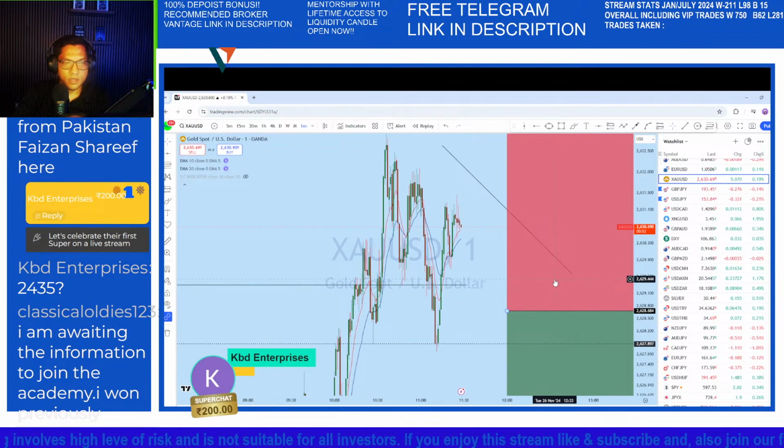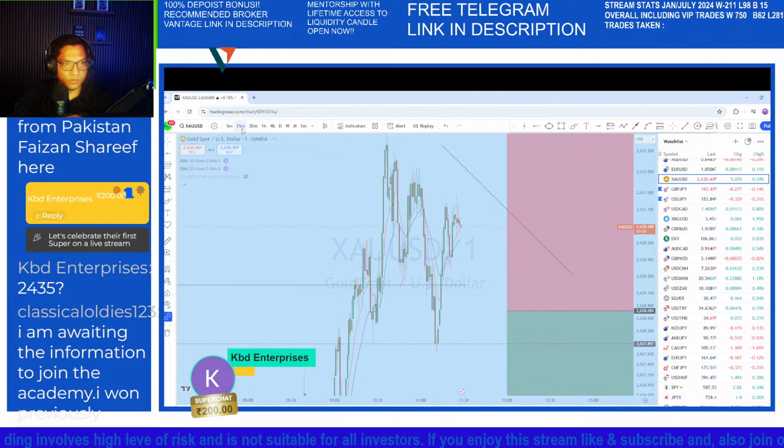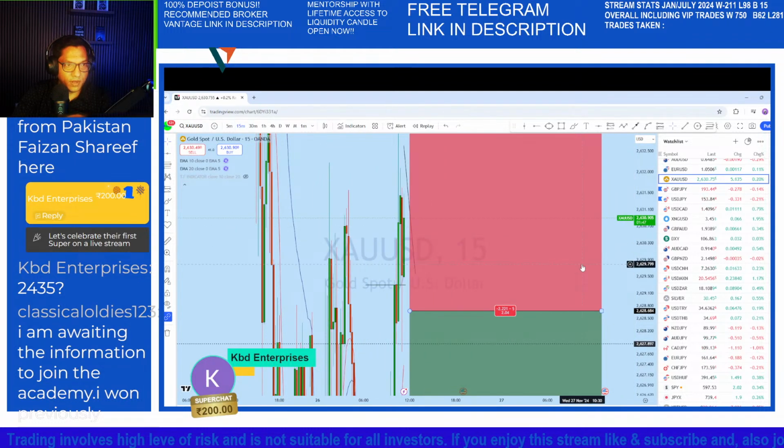The price action becomes a little bit of slower movement.